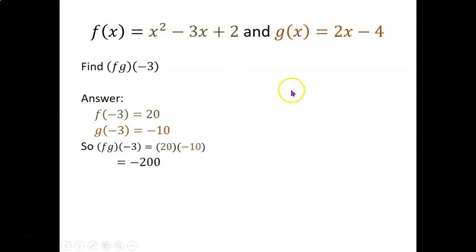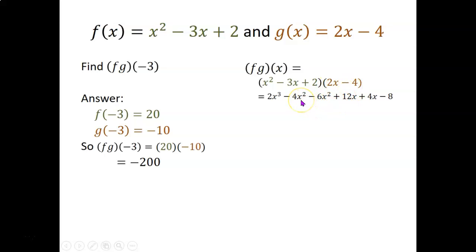But the general formula for f times g of any x, we can get by multiplying together the formulas for f of x times g of x. So x squared minus 3x plus 2 times 2x minus 4. The x squared gets multiplied by the 2x and by the minus 4.